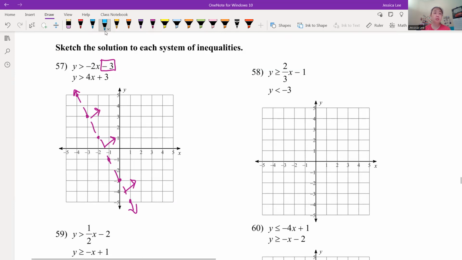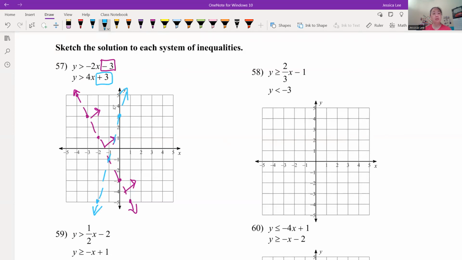All right, second one is going to be y is greater than 4x plus 3. Here's my +3 right here. For the 4, I would go up 4, but I can't, so I'm going to go down 4, to the left 1. And this is also going to be dashed because it is not equal to.